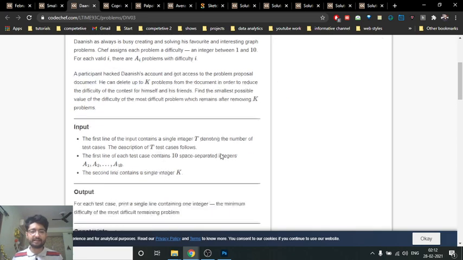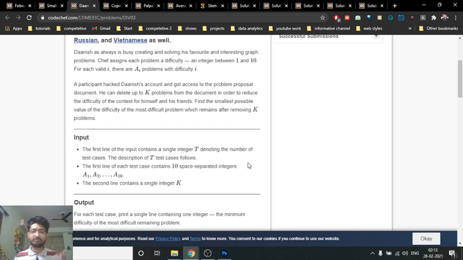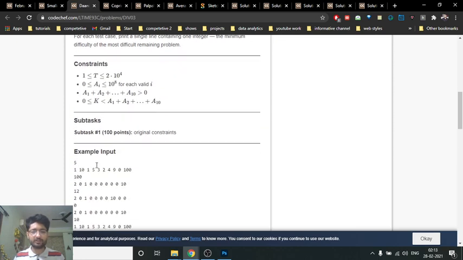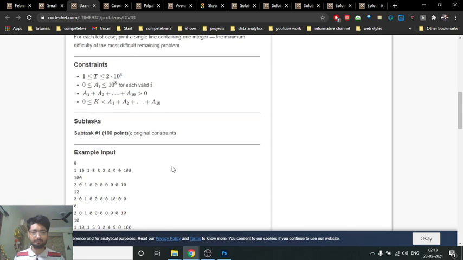Now you have an array which tells you that, okay, I have 1 problem of difficulty 1, 10 problems of difficulty 2, 1 problem of difficulty 3. Because all the difficulties will be from 1 till 10, you always have an array of 10 numbers which tell that, okay, I have 100 problems of difficulty 10, and so on.